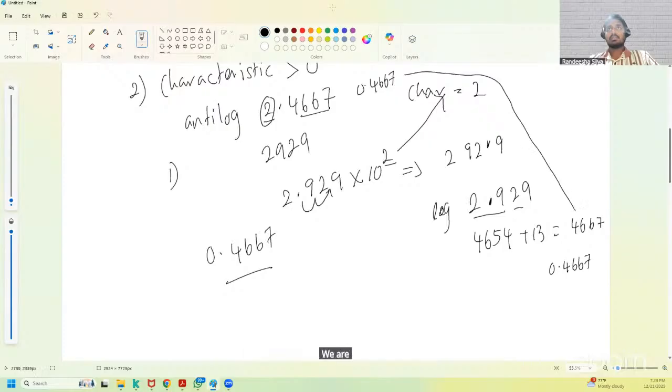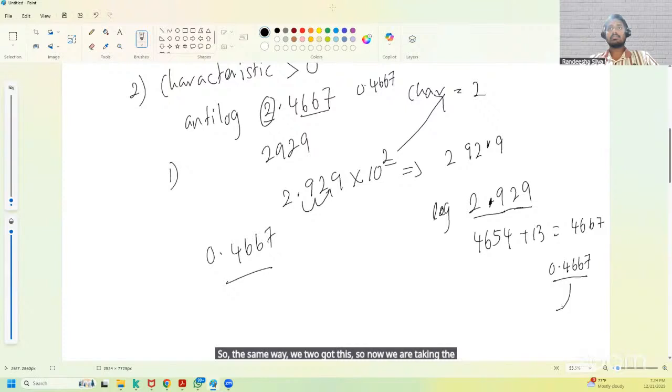So all three of you, please understand this. We are doing the opposite of what we did here. Initially we wanted to take the logarithm for this, which has one decimal place. So in the same way, now we are taking the anti-logarithm for this, and then we should get this. So all the time we are discussing this as 0 point.